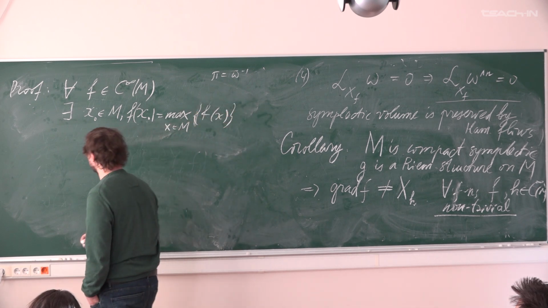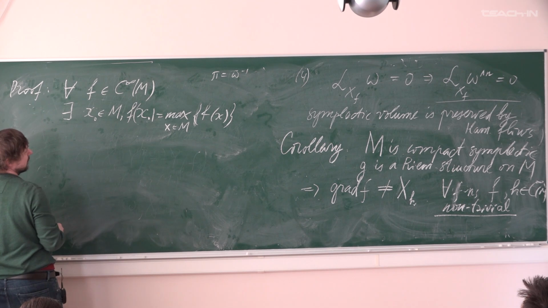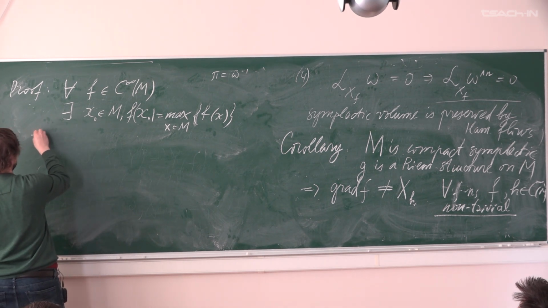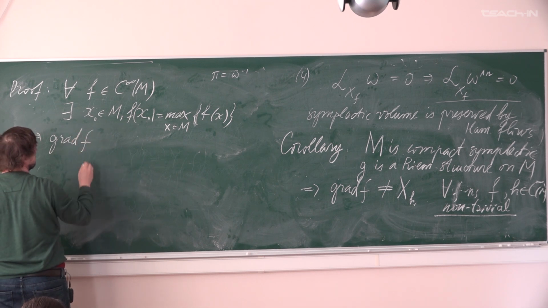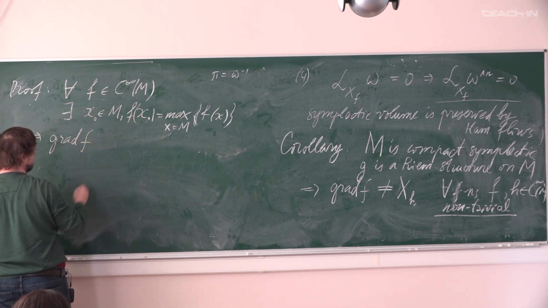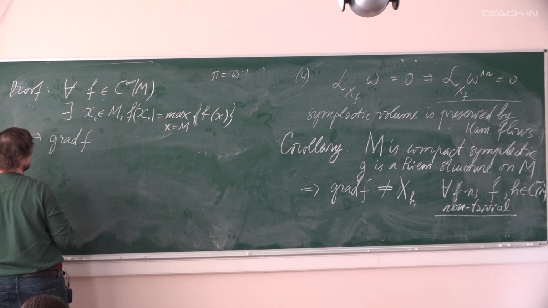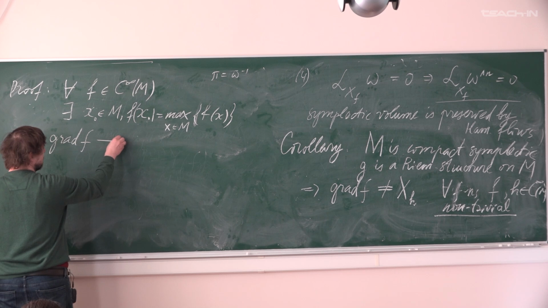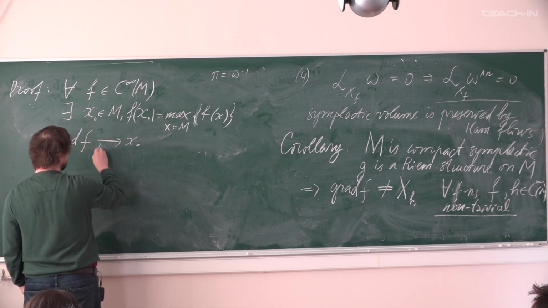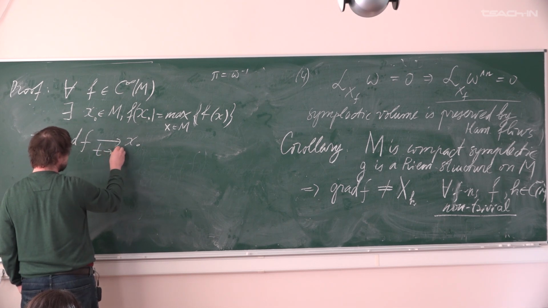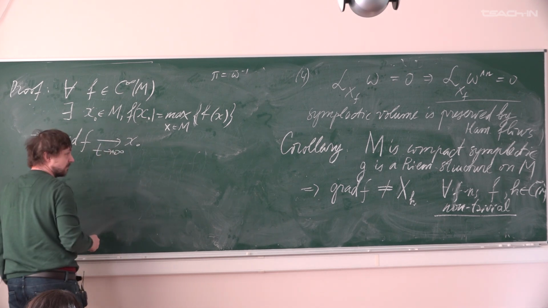Right? And by properties of gradient vector field, almost all its trajectories, if the vector field is good enough, will tend to this point as the time goes to infinity, right?